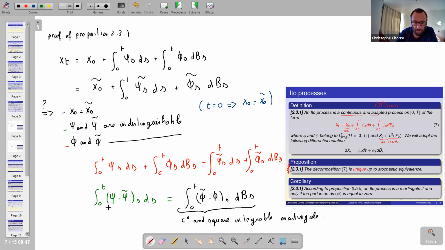And here I have this term that belongs to L2 prog. The integrand is in L2 prog, and here I have just a Riemann integral.